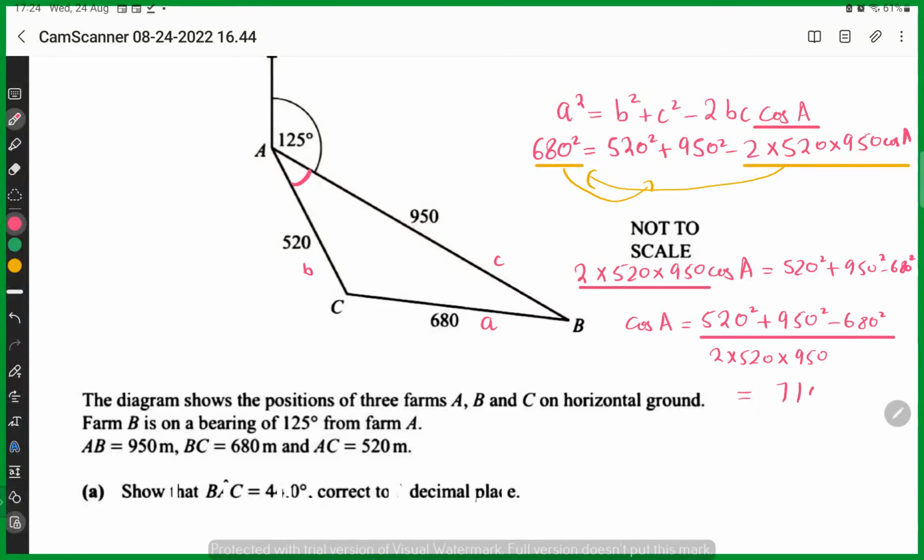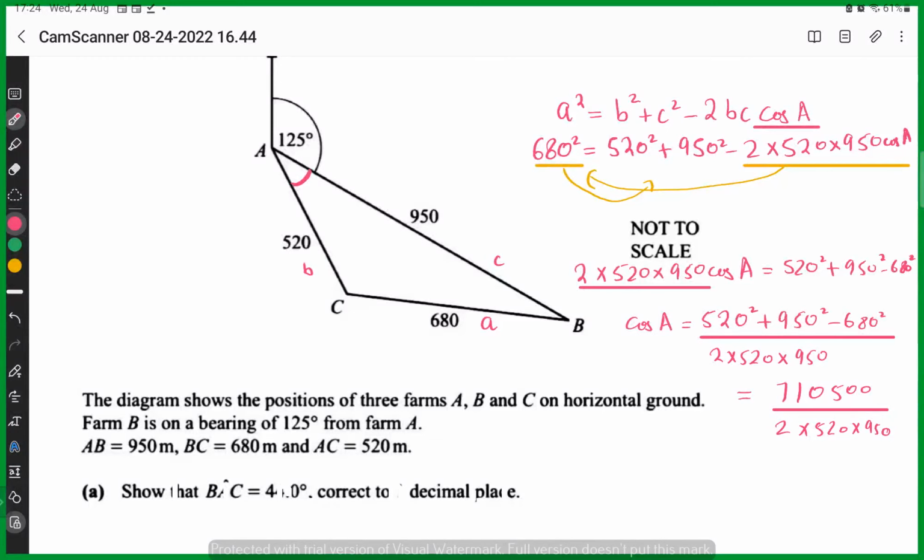I hope that all of you would be getting 710,500, and it is being divided by 2 multiplied by 520 multiplied by 950. Now, I hope that you are able to see 710,500 on the calculator display. Now you can press the divide button. So it would show up like this: answer divided by.